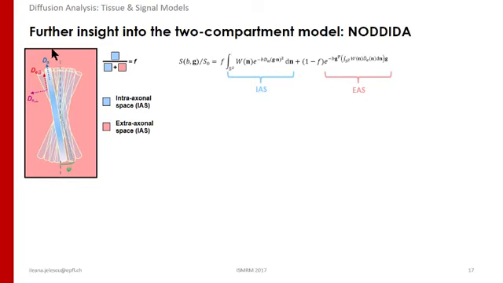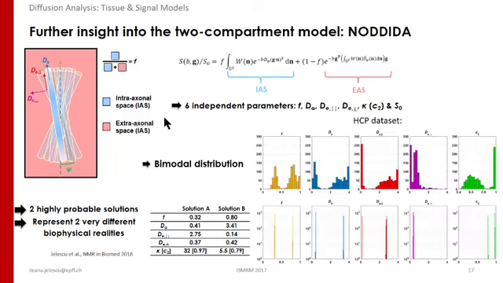This is work that we've put into characterizing a two-compartment model that I've dubbed this time NODI-DA. It's a bit of a pun. This is now a two-compartment model, so we've got rid of the CSF just to simplify a bit. But this time we try to estimate absolutely all the parameters in the model. We don't fix anything, so we are left with 6 independent parameters to estimate.